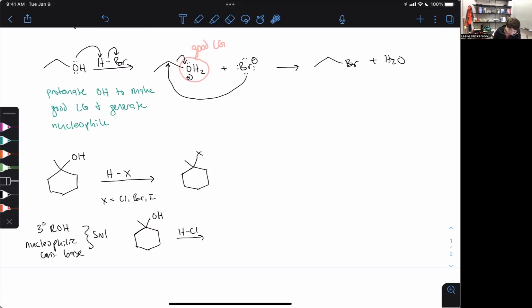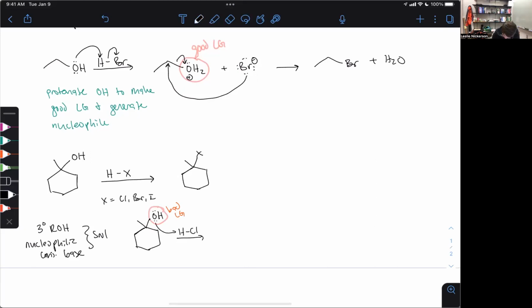We've still got a bad leaving group here. So our first step, whenever we've got a strong acid, we're still going to protonate that alcohol.